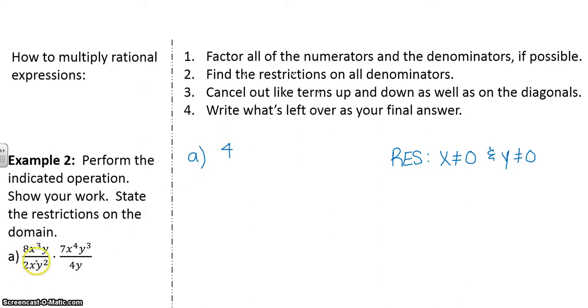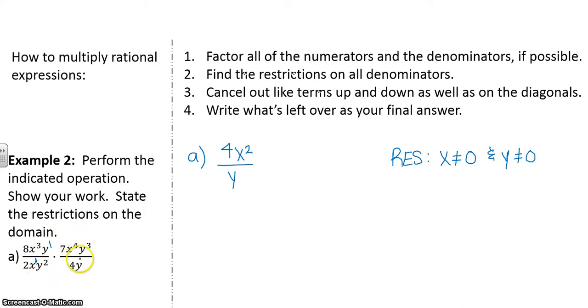X to the third over x to the first. Remember, you subtract the exponents, so that'll be x squared left over on top. Y to the first on top, y to the second on bottom, so you subtract, and then there's a leftover y on the bottom. Okay, so I just took one fraction and simplified it.